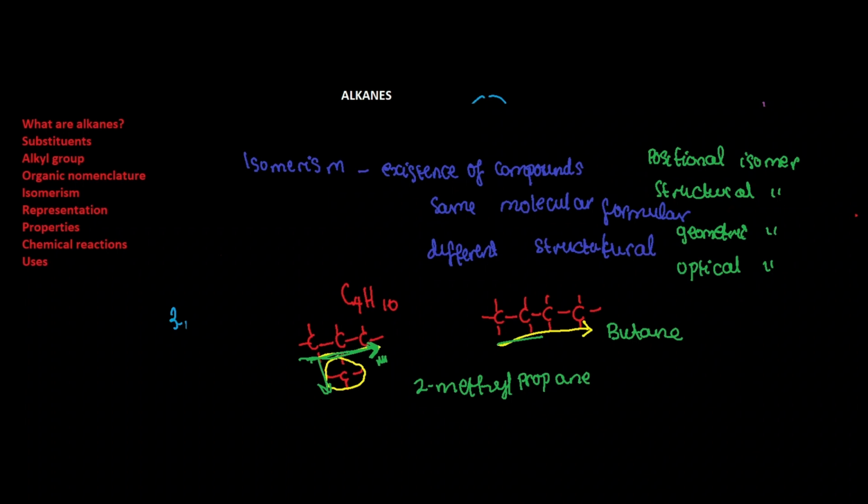Now, there's a unique nature of isomers, and it's that they vary in their physical properties. They vary in physical properties like melting point, as well as boiling point.